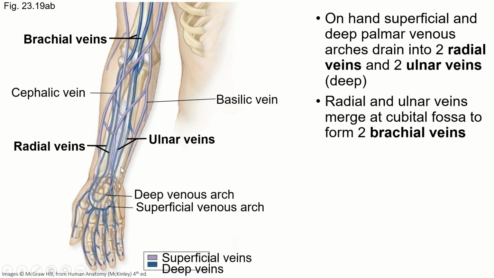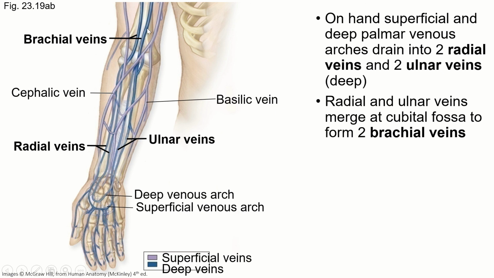The radial veins and the ulnar veins travel up the radius and the ulna, and then they both fuse together. 2 radials fuse into one, the 2 ulnars fuse into one, and both of those are called brachial veins. That happens in that cubital fossa.